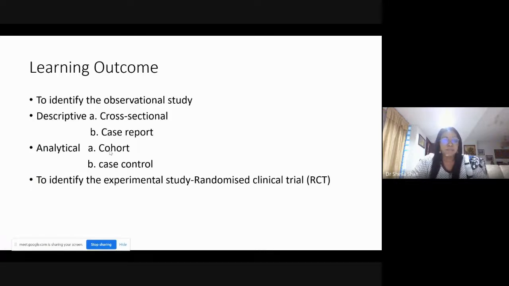I have already discussed analytical, cohort and case control, correct? So I have done observational study and analytical study. So I still have descriptive and RCT. These two I will discuss the next hour. If I can, I will put up another recording on these two.